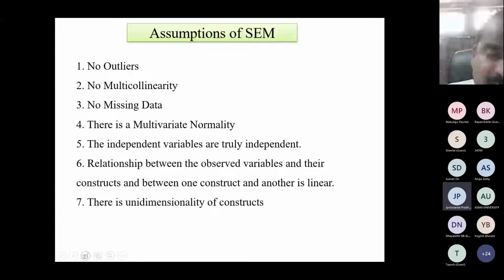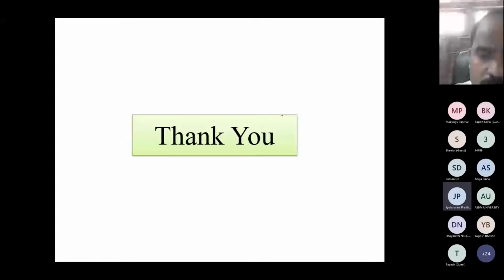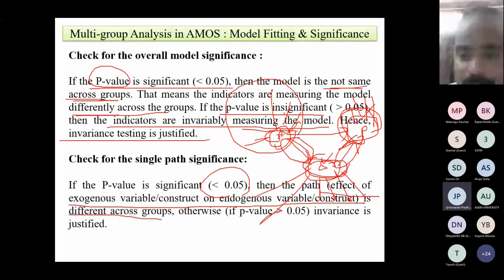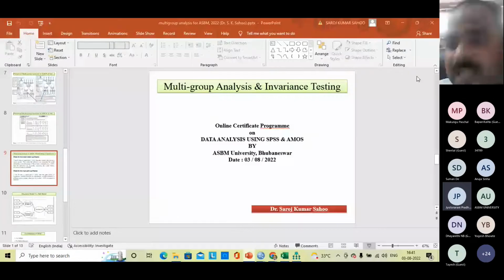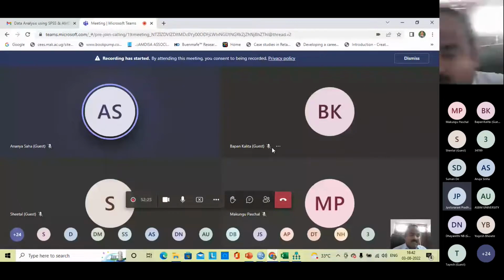That's all. Now we will go to direct AMOS operation. My sincere appeal to all of you, please be ready with your AMOS graphics and the SPSS datasheet that I sent yesterday. I hope the organizer has sent you the same datasheet.